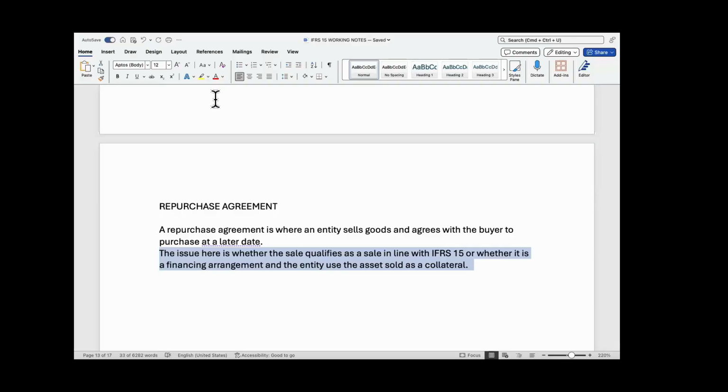It's more or less an agreement, but not revenue, and we can liken it to something like a redeemable preference share. The issue is whether the sale qualifies as a sale or whether it is a financing arrangement. I'm just trying to think outside the box, sir. So it's like a finance lease, a financing arrangement.